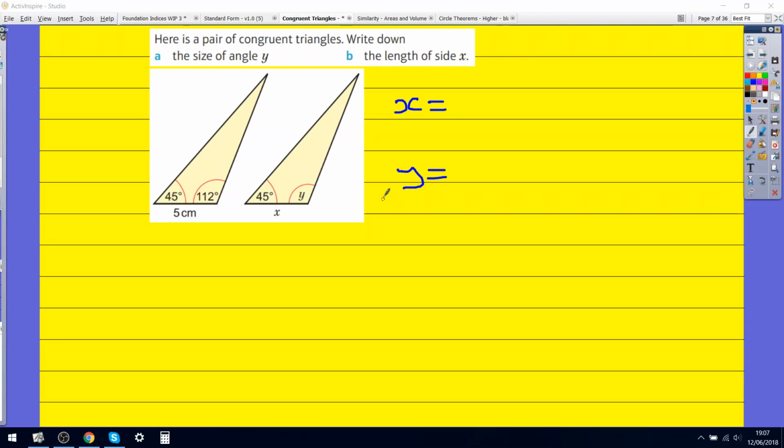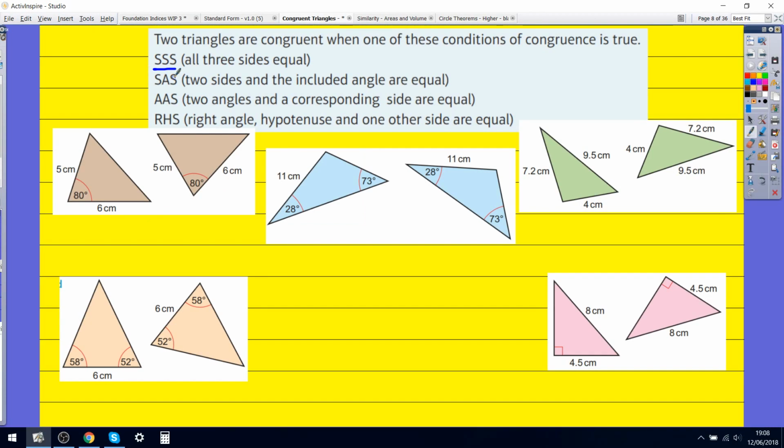So two triangles can be congruent if all sides are equal. That's side, side, side: all three sides the same length. Another way is if two sides are the same length and the angle in between those two sides is the same. The third way is if they have the same angle, angle and side.